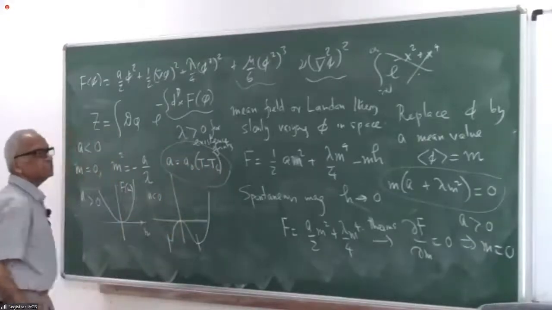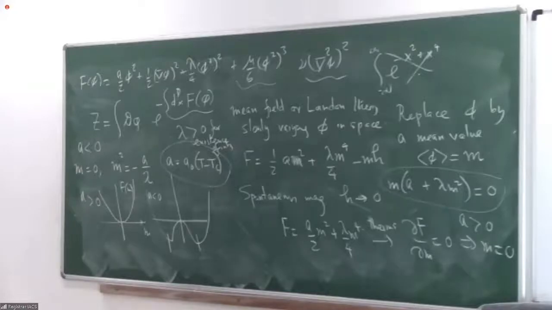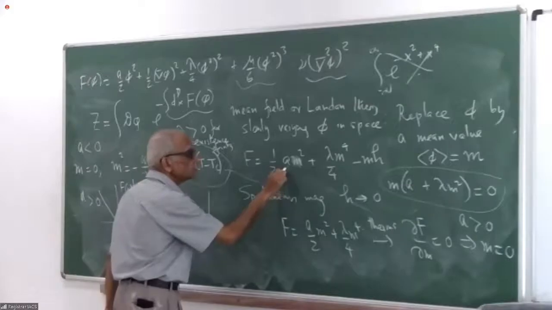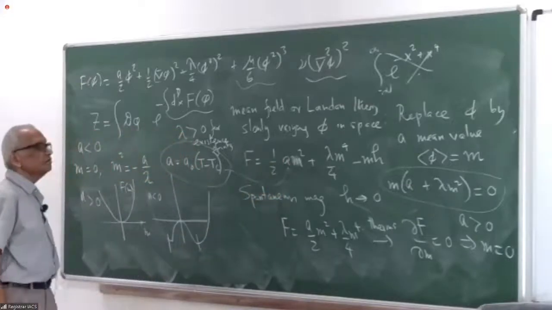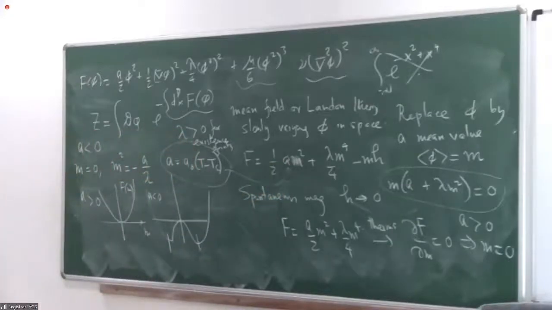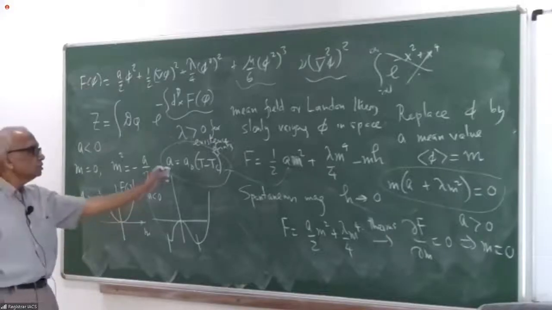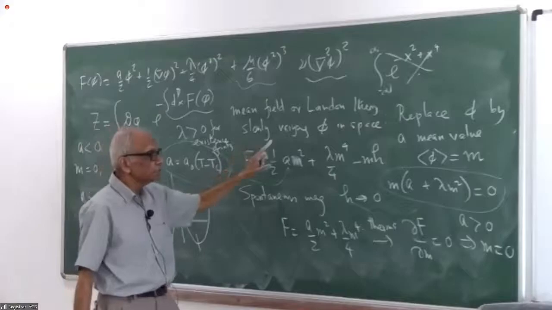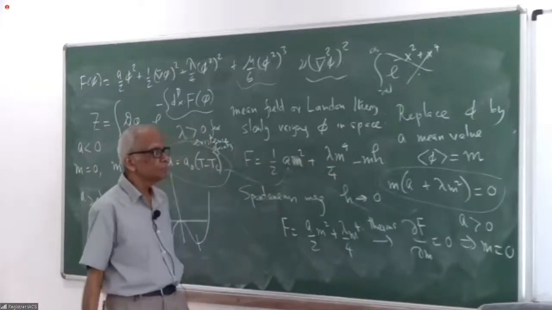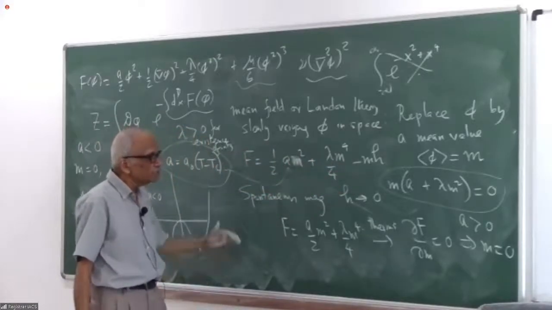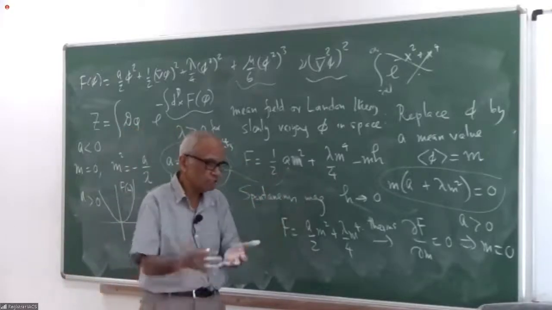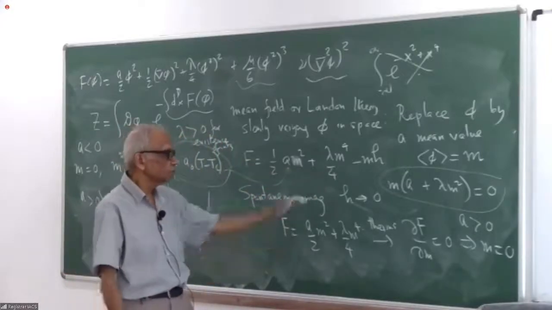So that sets up the Landau theory. The Landau mean field theory says that this A over here is A0 (T minus Tc). The free energy in the presence of a small external field, which describes this system, is this.